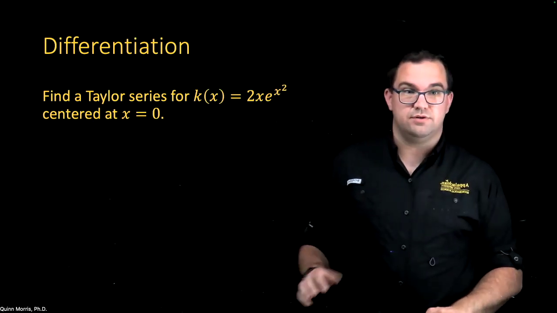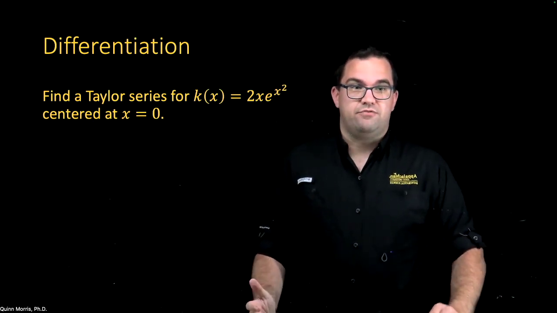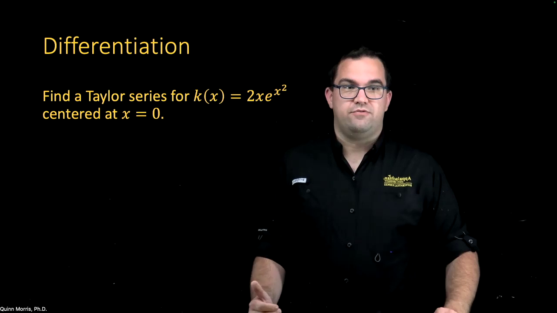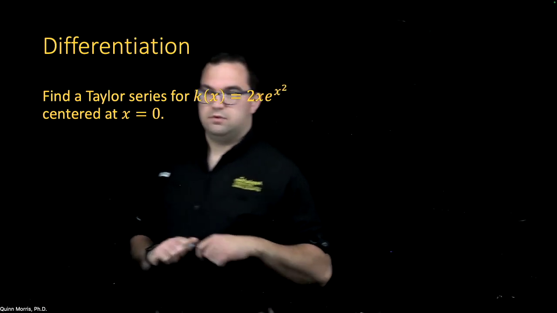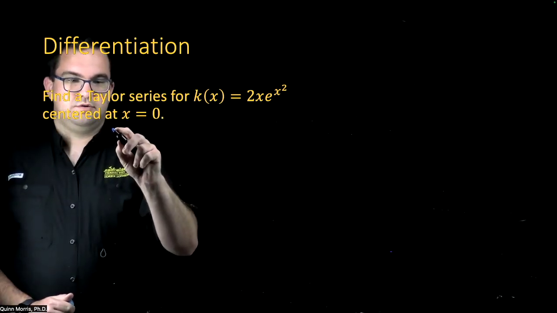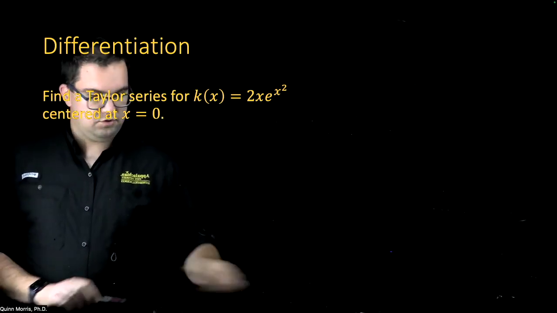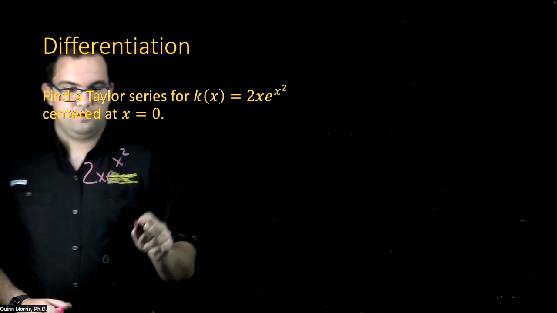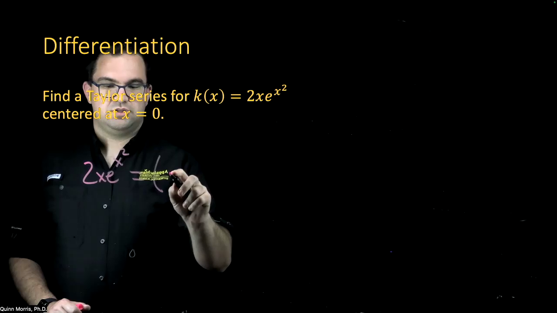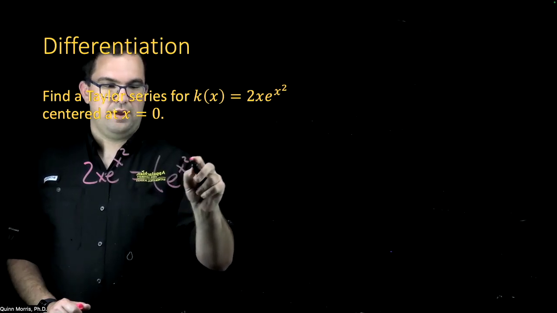Why not differentiation? So imagine I wanted to find a Taylor series for the function 2x e to the x squared. Well, notice that this function, 2x e to the x squared, is really just the derivative of e to the x squared.